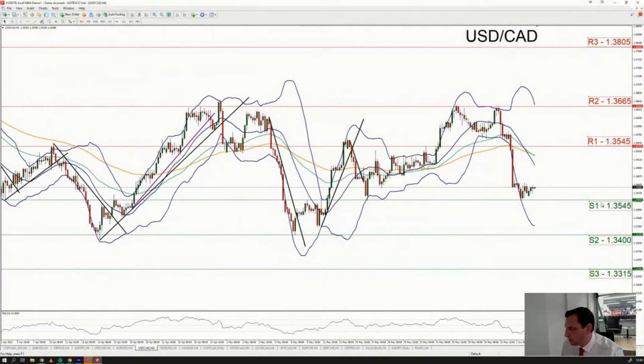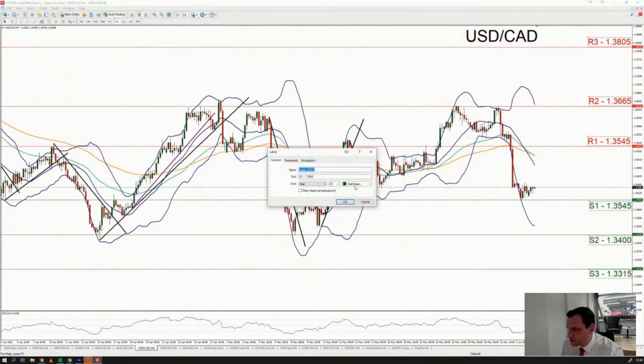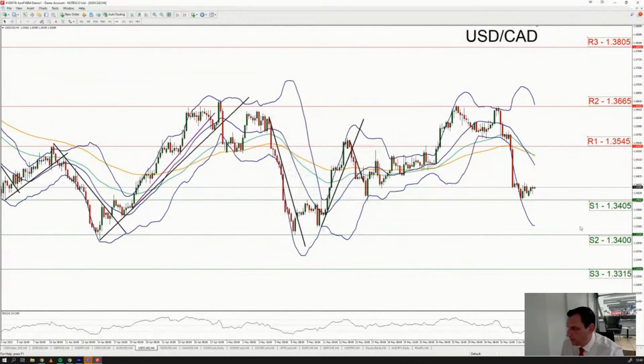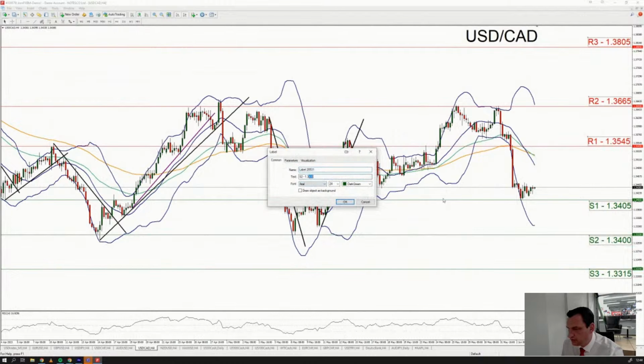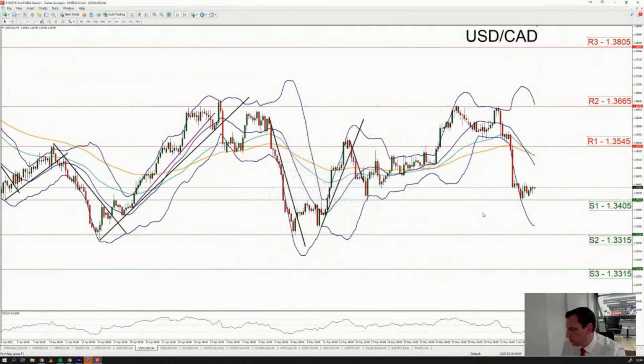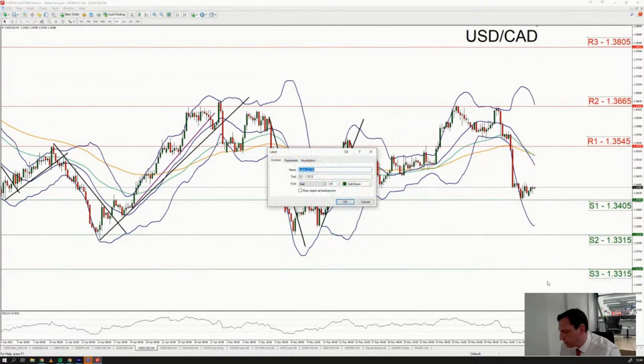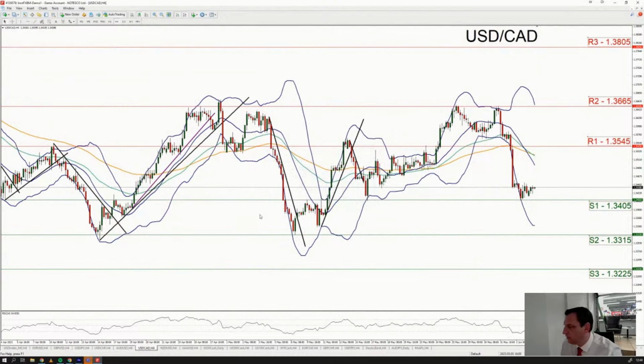The S1 at 1.3405. We've changed that a little bit, let's not forget. The S2 at 1.3315. And the S3 at 1.3225. Locking everything in.